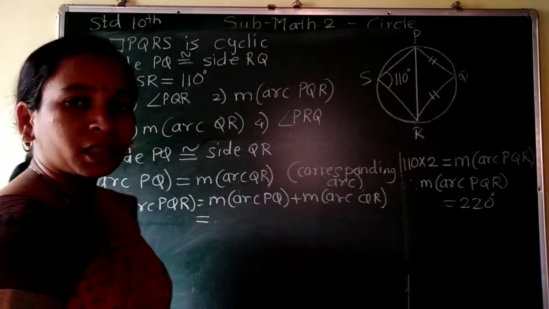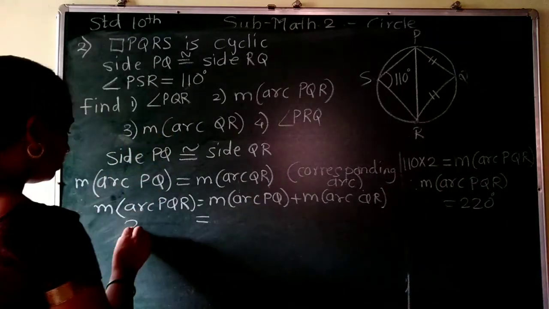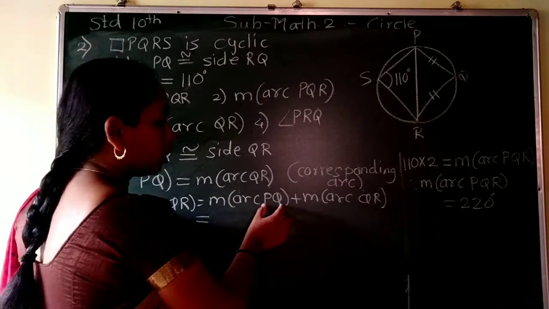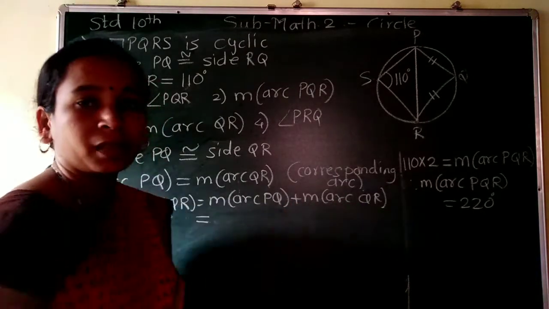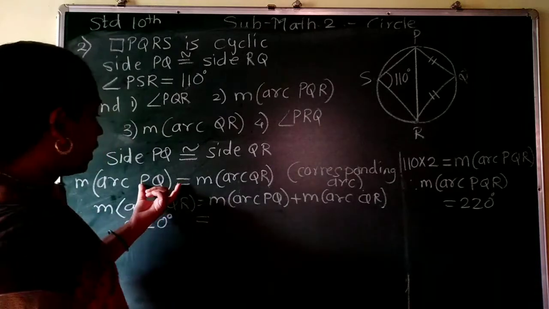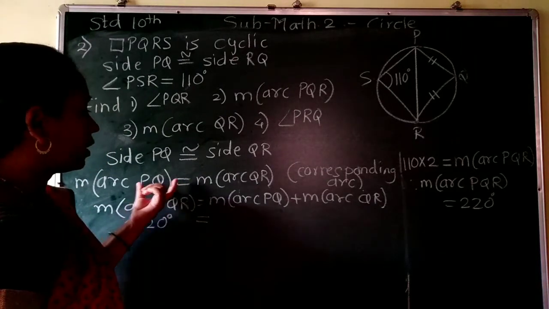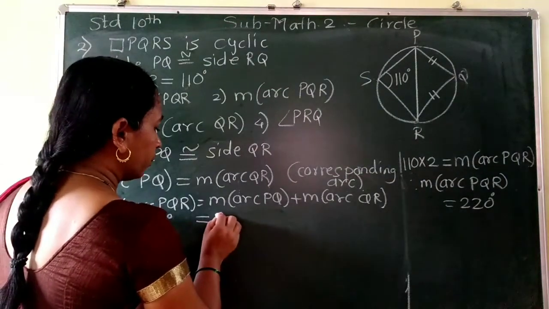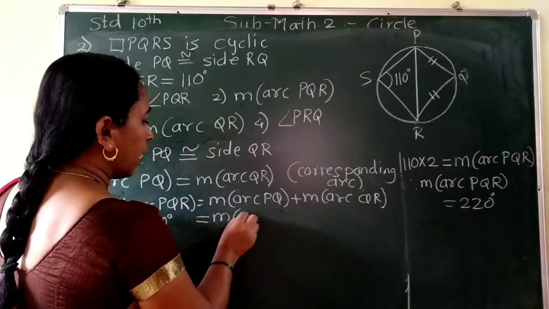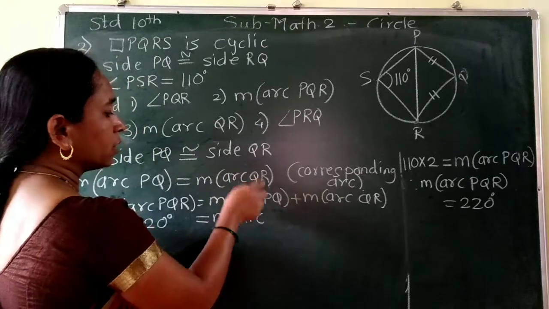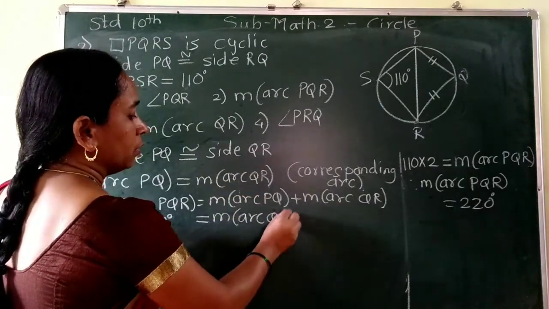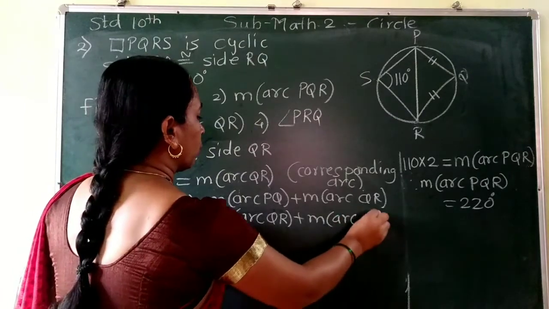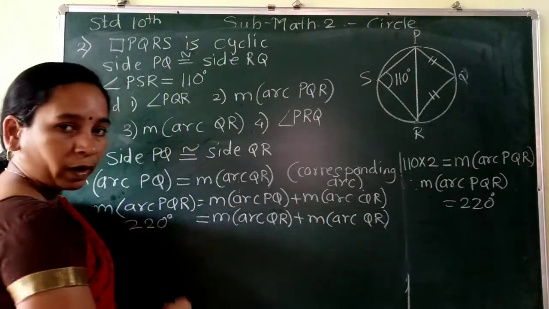The measurement of arc PQR is given as 220. Here the measurements of arc PQ and QR are both the same. Just now we have shown that the measurements of PQ and QR are the same. So I will replace arc PQ with QR because they are equal. So plus the measurement of arc QR, it comes twice.